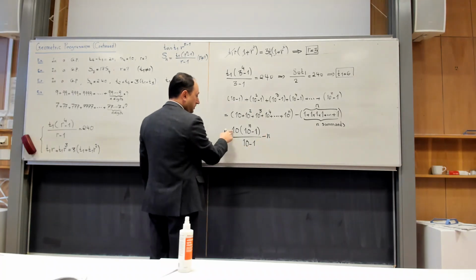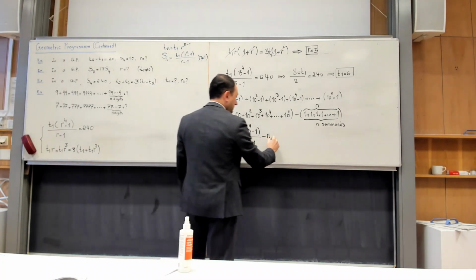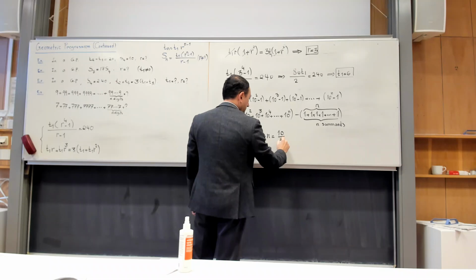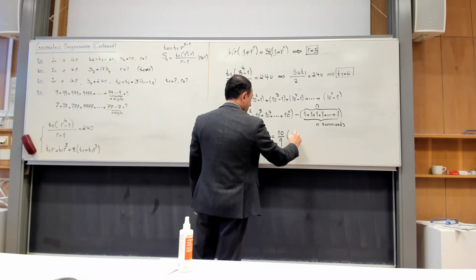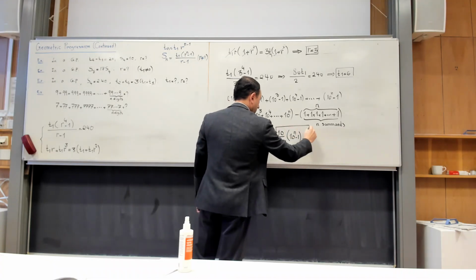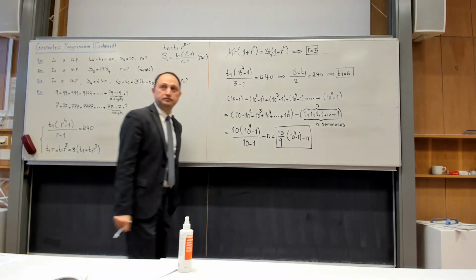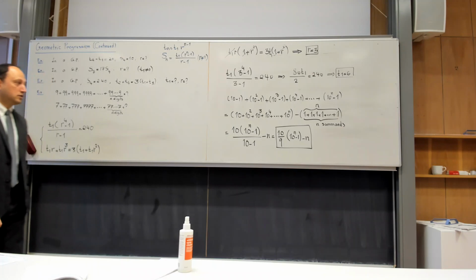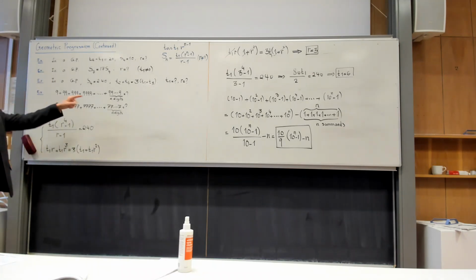If you simplify it, it becomes 10 over 9 times (10 to the power of n minus 1) minus n. So that is the closed formula for this sum.